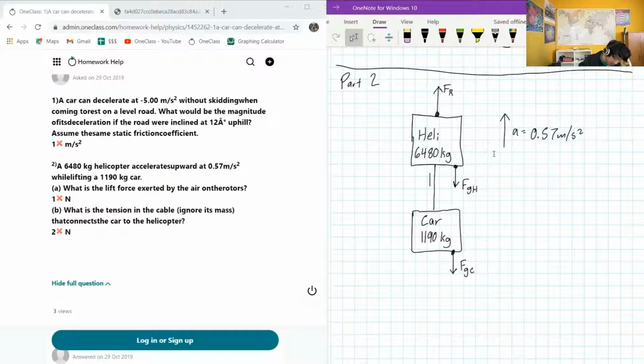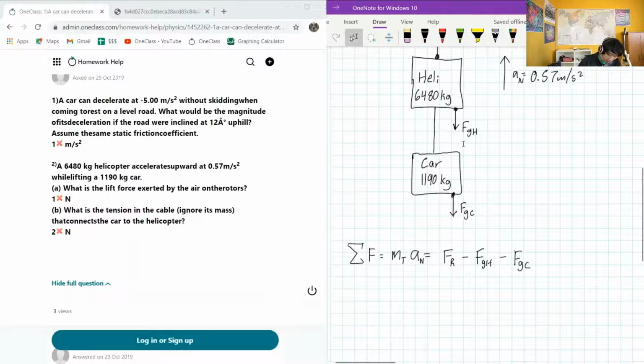So the sum of all forces is equal to the total mass, let's call it MT, times the acceleration, which we know is the net acceleration, AN. And this is going to be the result of FR, the rotor force, minus FGH, the gravitational force of the helicopter, minus the gravitational force of the car.